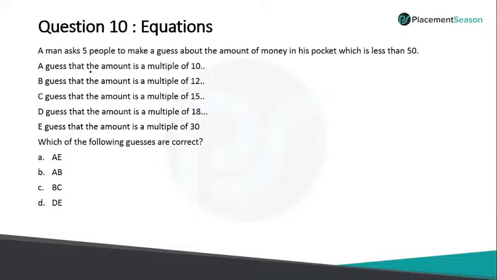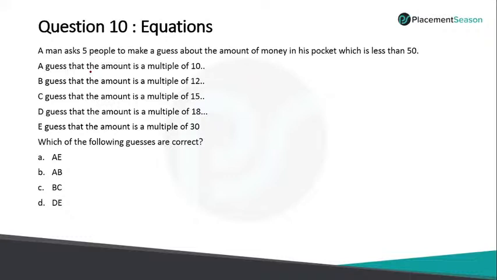Okay, first option A, E. A guesses the amount is a multiple of 10 and E is saying it is a multiple of 30. So 10 and 30. Is it possible?